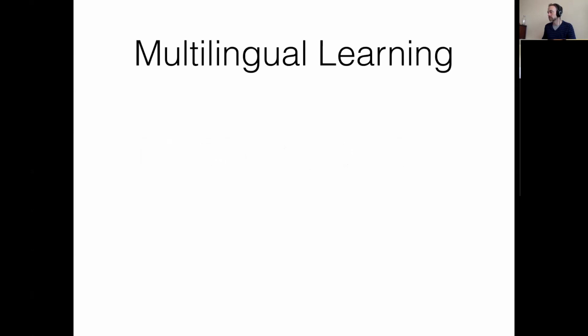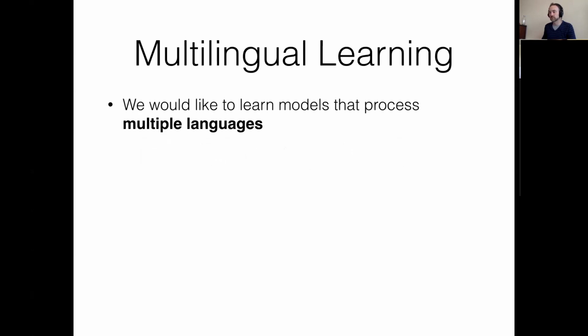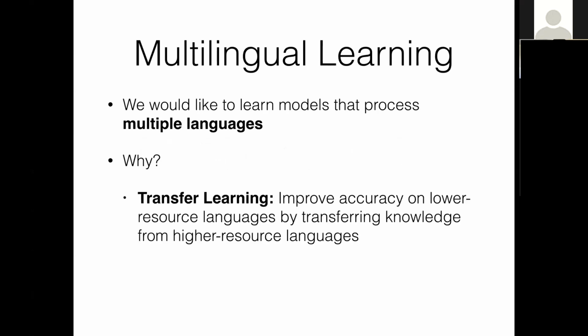Okay, so in multilingual learning, we would like to learn models that process multiple languages because we want NLP systems to work equally well for all languages apart from English. Why do we need a multilingual learning system? There are two main reasons. The first is that languages are often related to each other and hence can benefit from each other.